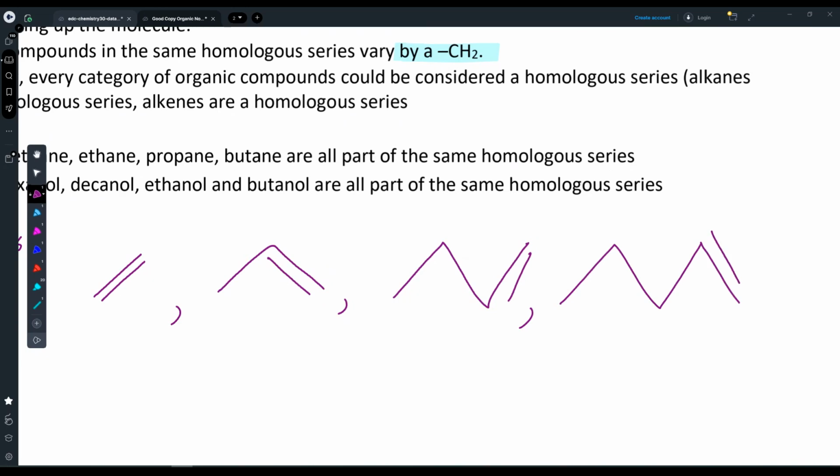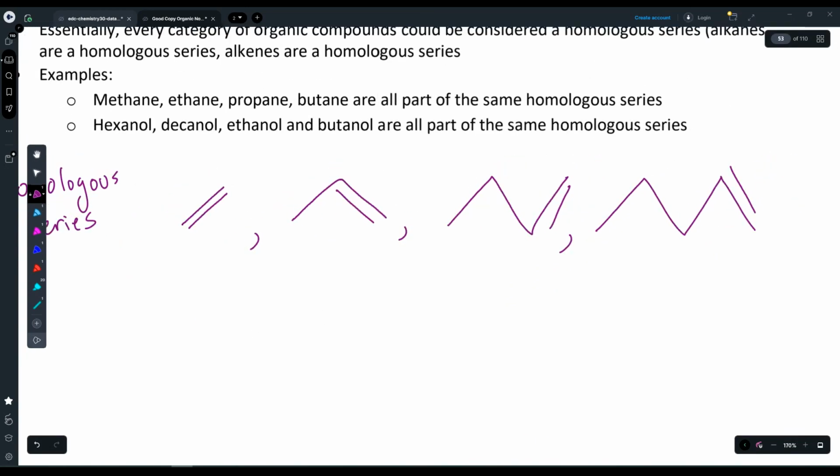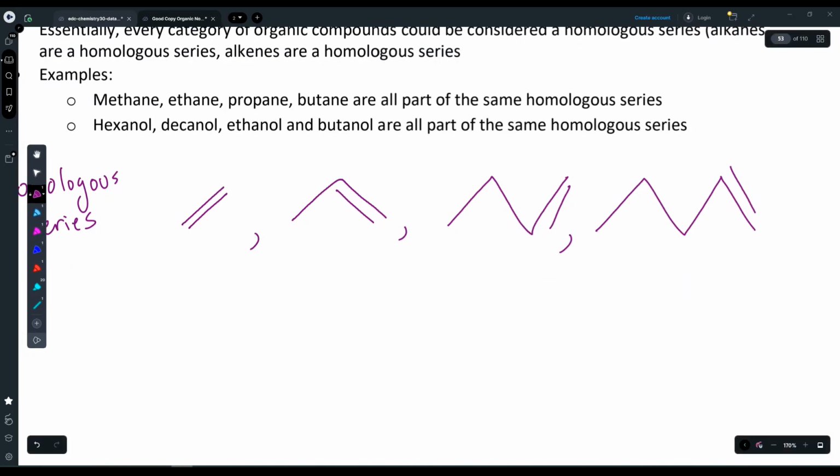Okay, and then pentene. Okay, so all of these have a double bond in them, and we're just adding on one more carbon as we go through this homologous series. Okay, well, we're adding on one more carbon plus the implied hydrogens that make it so that each carbon has 4 bonds in it.